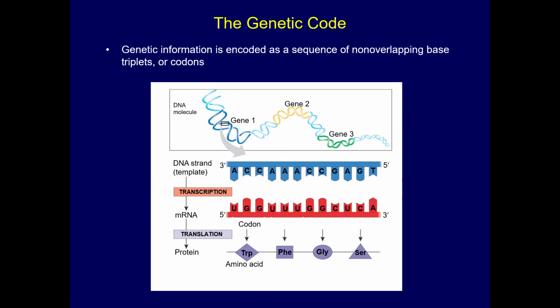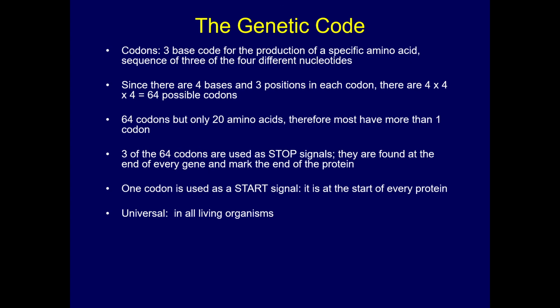So now that this genetic information is encoded, and that's encoded as a triplet, which we talked about last time, there's about 64 codons that code for 20 amino acids. Okay, 3 of those codons are stop signals, so things that say, nope, we're done. Okay, and then there's one that's a start.